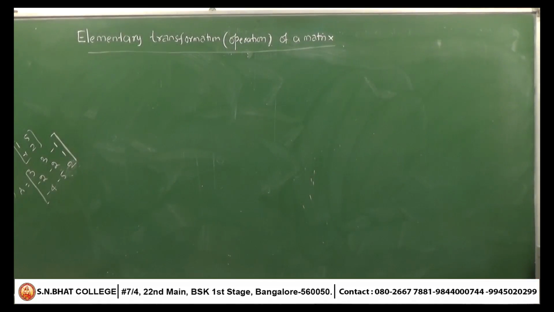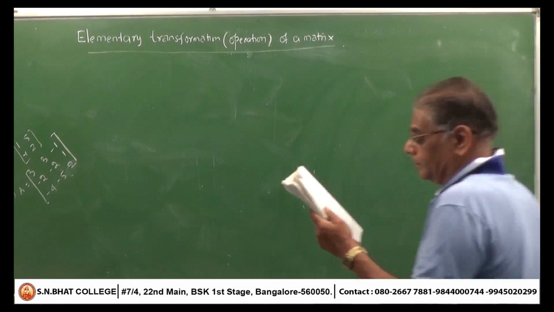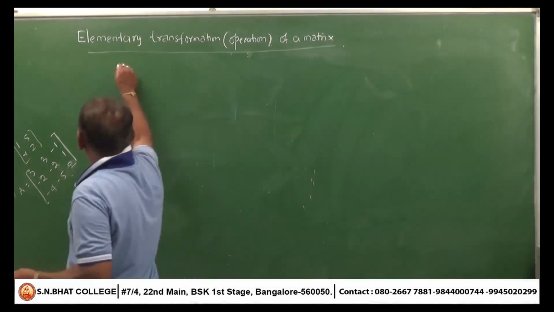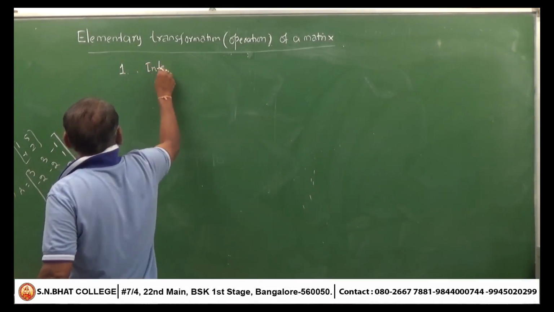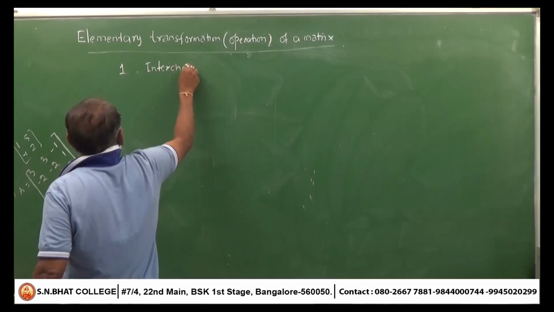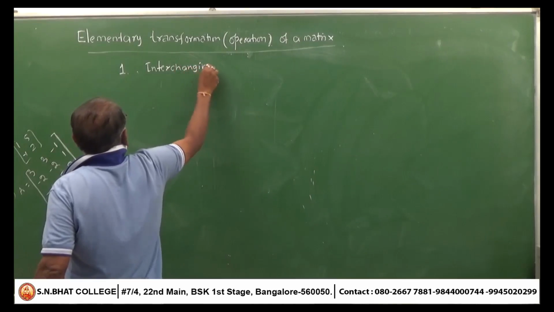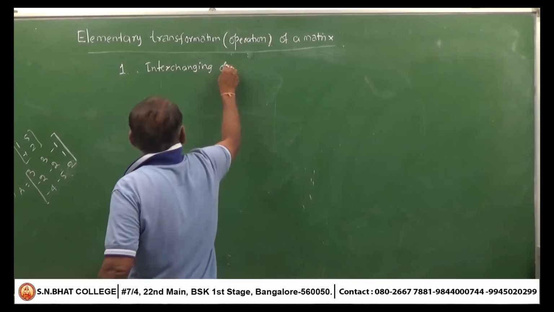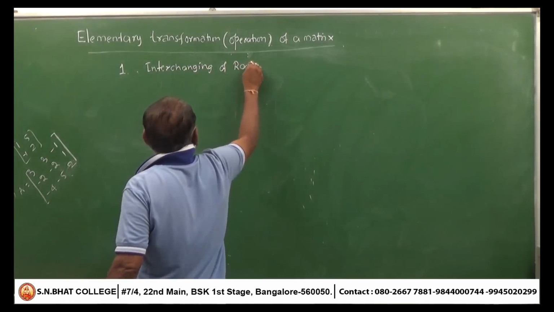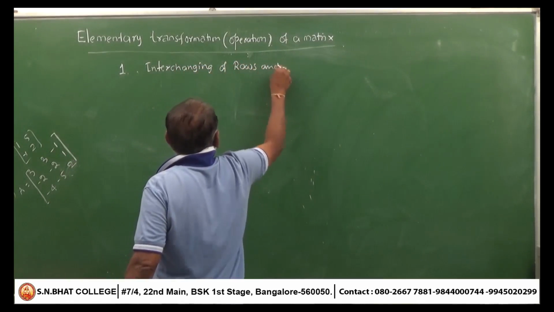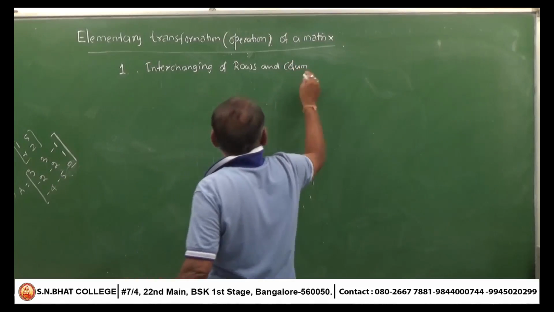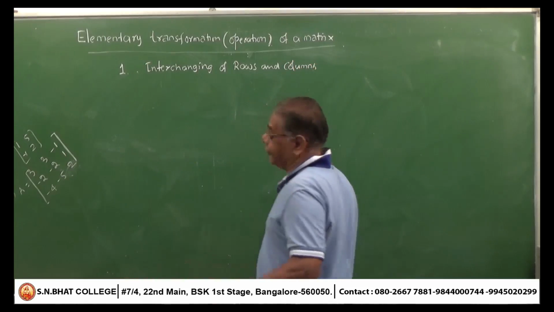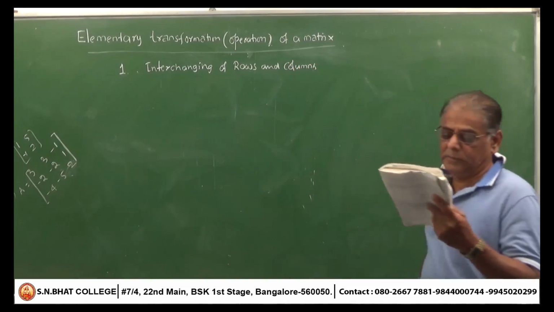See, there are three elementary operations. First one is interchanging of rows and columns.